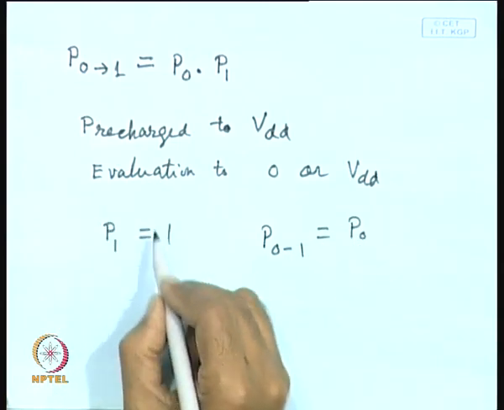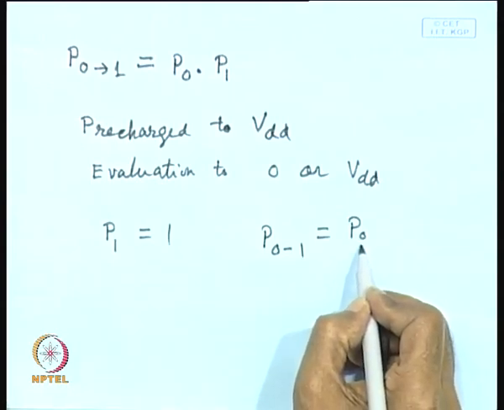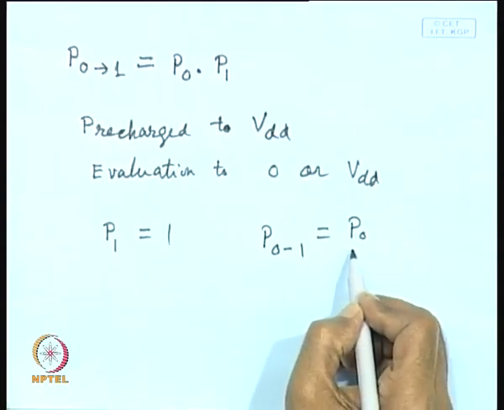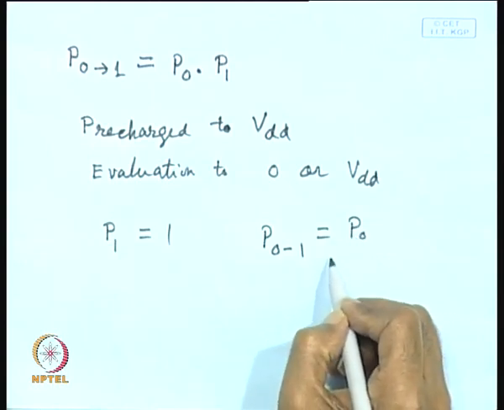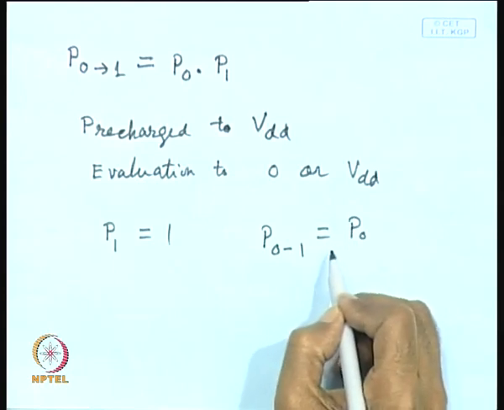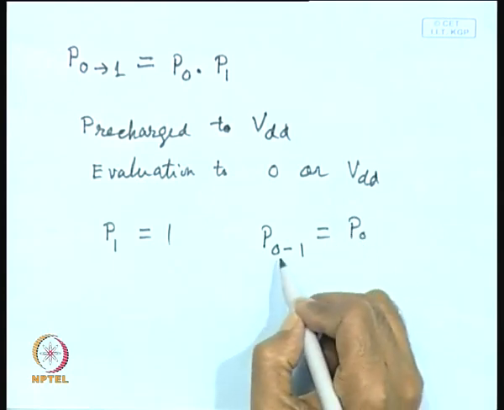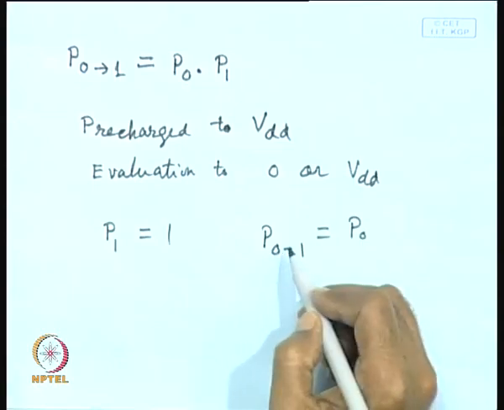Since we are always charging to 1, either it may make a transition to 0 or may not. That is why the switching activity is equal to the probability of transition to 0, not P0 into P1. So, obviously, this switching activity will be more in dynamic CMOS circuits, because you are always precharging the output to 1, and it may either discharge or not discharge.